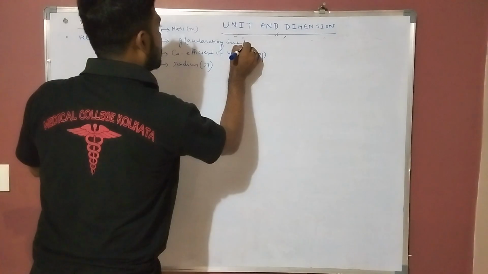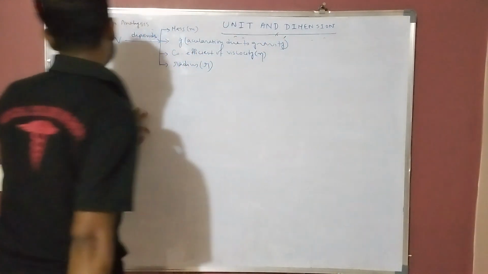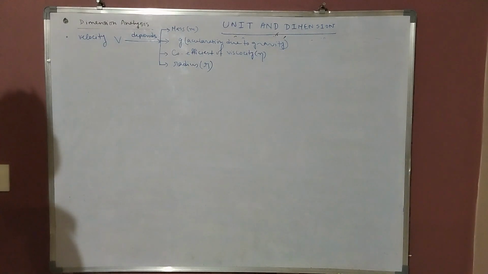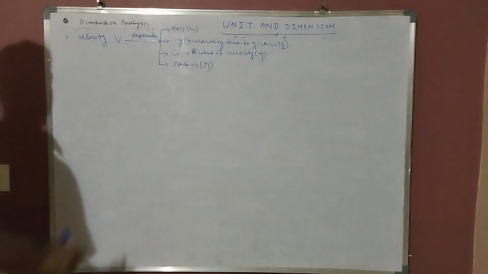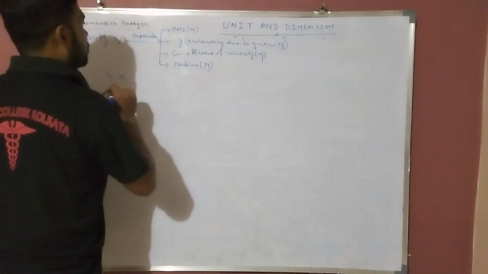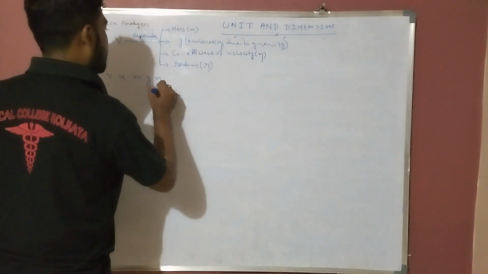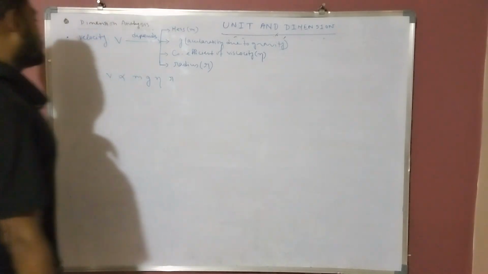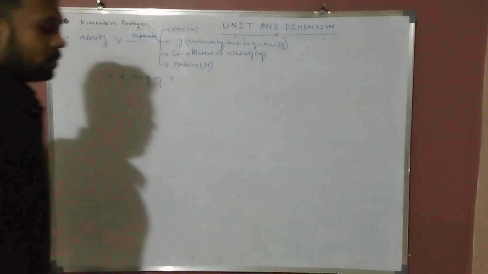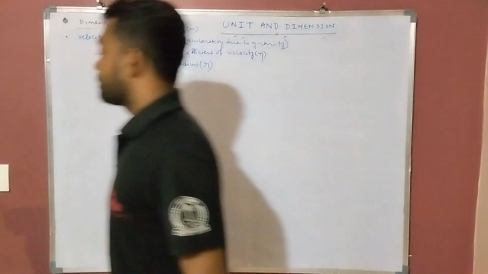Acceleration due to gravity. So you have to find out the mathematical expression for velocity. We can write v proportional to m g eta r. Now, a very important point, you have to note it.